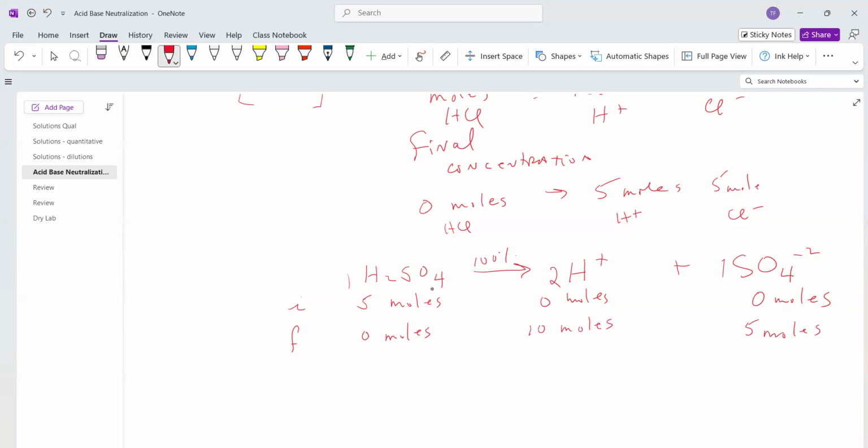We're going to be working with hydrochloric acid, monoprotic, meaning it gives off 1. Notice I say monoprotic. Protic is the same as proton. So monoprotic, diprotic, triprotic. Okay, so does this make sense on this initial and final concentration? Sulfuric, because it's diprotic, is a 2 to 1 ratio.